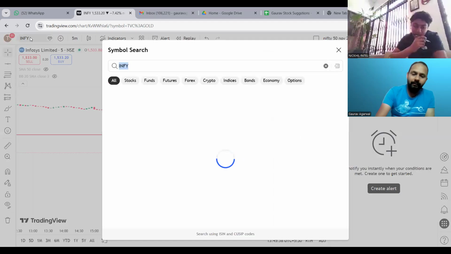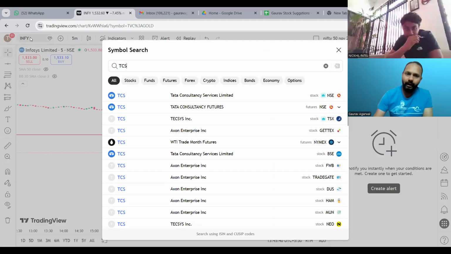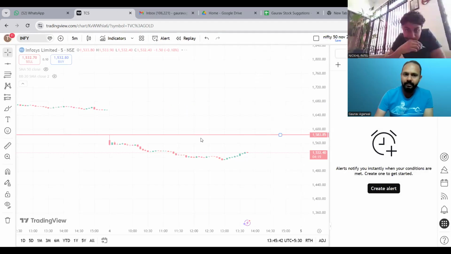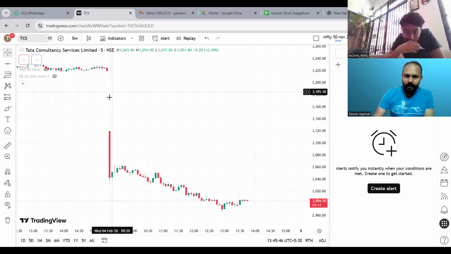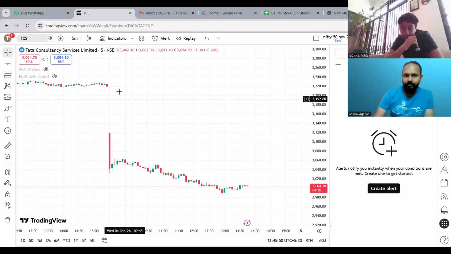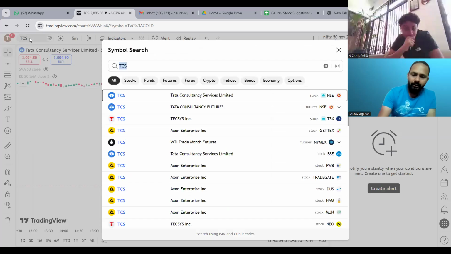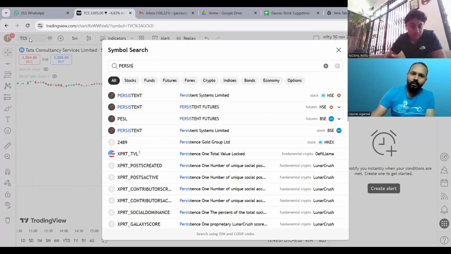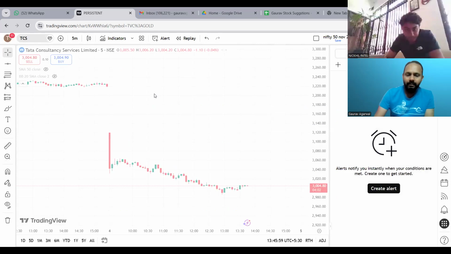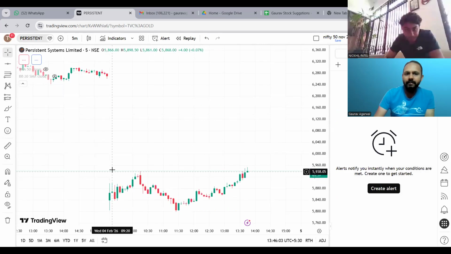And similarly, if you see one more IT stock, Tata Consultancy Services, this stock also opened a gap down today. So all the IT stocks here in India opened as gap down today. See, that's a very big gap for a 5 minute chart.